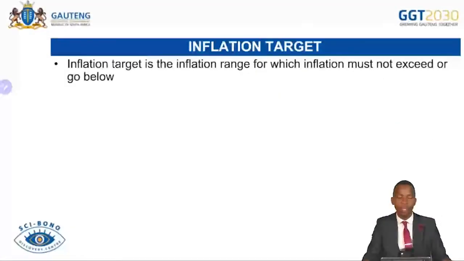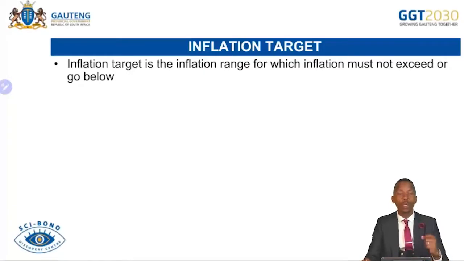The inflation target. Remember, if we talk of the inflation target, we mean the range that has been set by the Reserve Bank and the government on the inflation rate, meaning the inflation should be floating within that particular range, should not go beyond, should not go below. If it goes above, there should be a certain intervention by the government and the Reserve Bank to ensure that that rate of inflation is alleviated or combated.